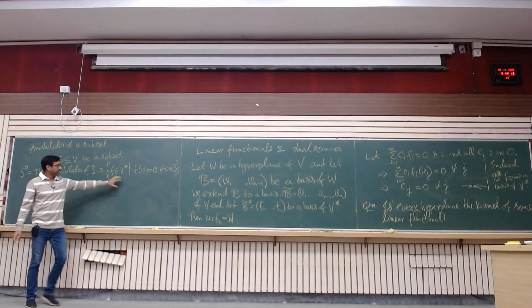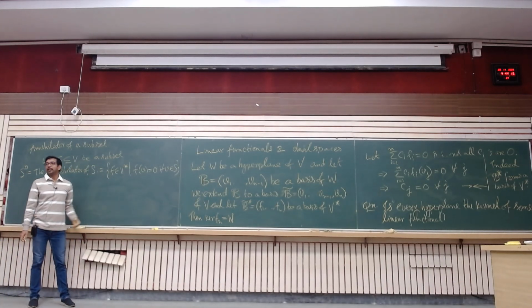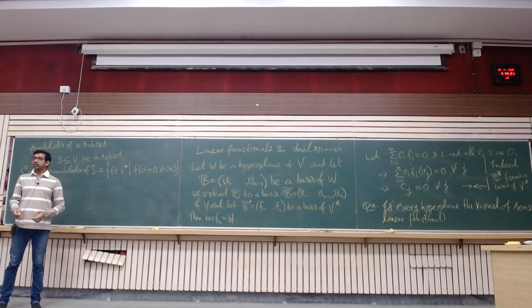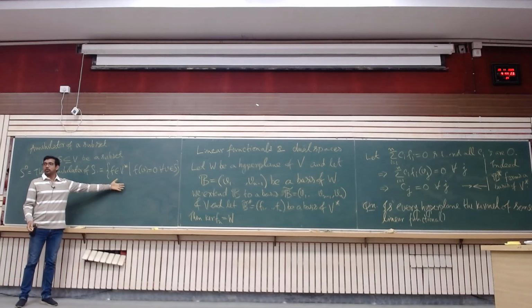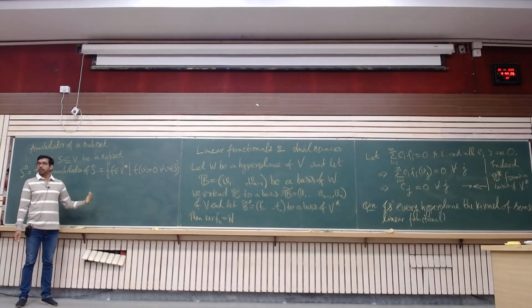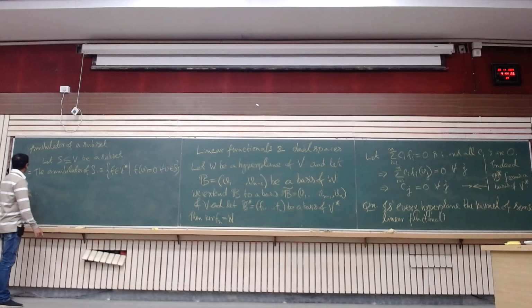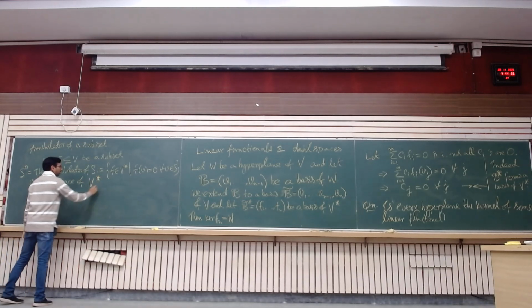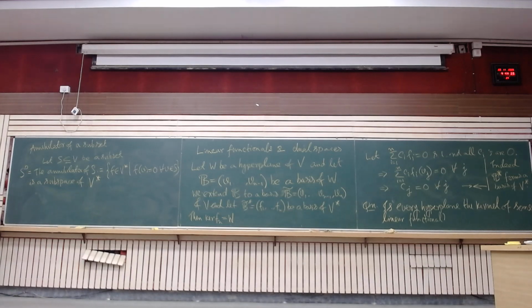Because if f is 0 on S, and if f dash is 0 on S as well, then any linear combination of f and f dash is also going to be 0 on S. So this is a subspace of V dual.